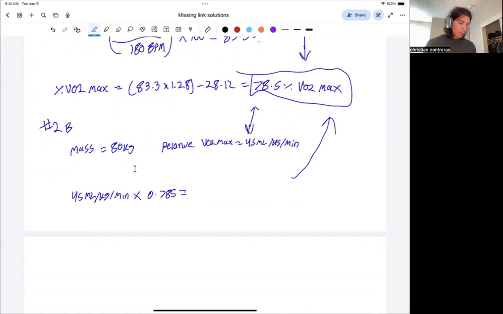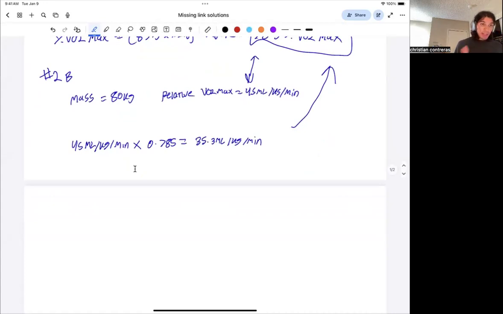So if we take 45 and multiply that by 0.785, we get about 35.3. And that's the relative oxygen consumption that he's consuming as he runs at that pace where he's getting that steady state heart rate of 150 beats per minute.